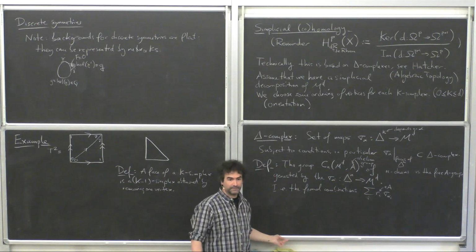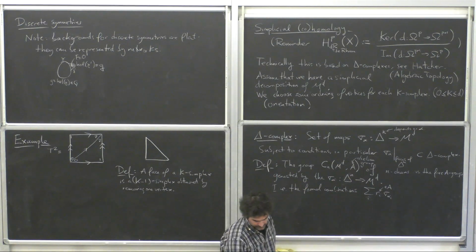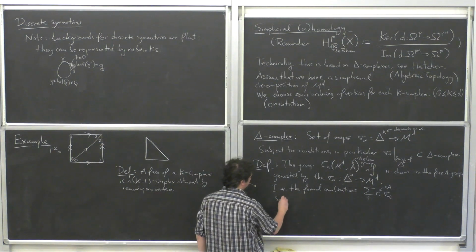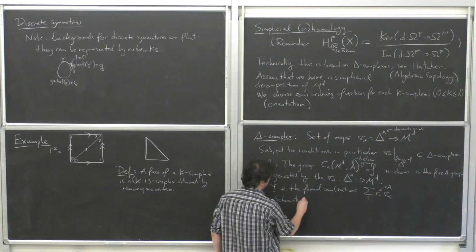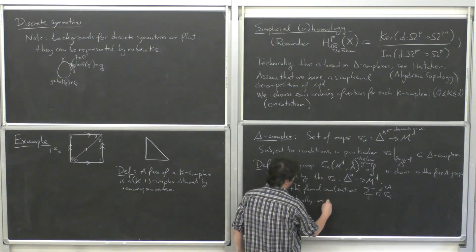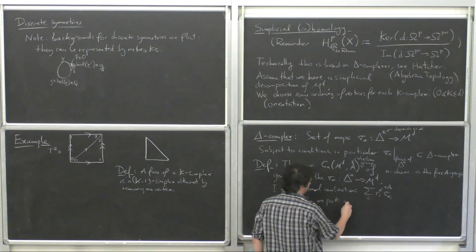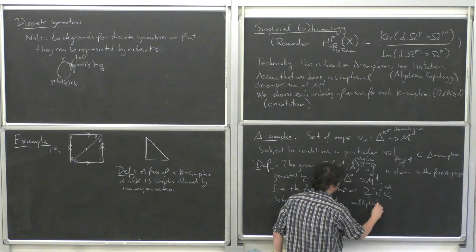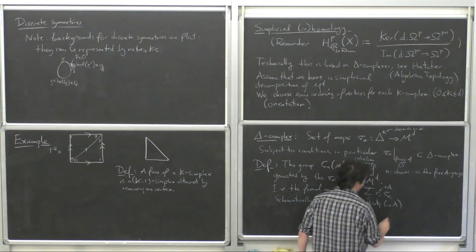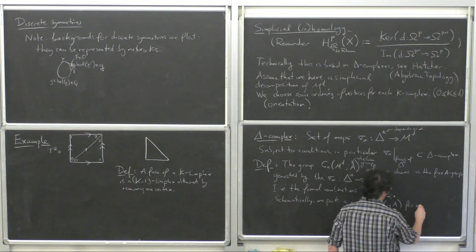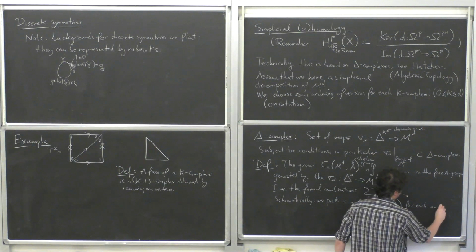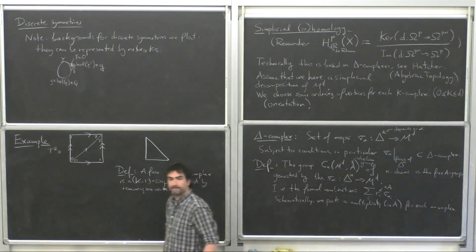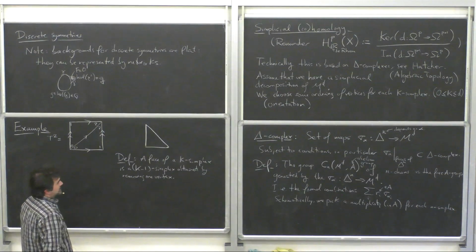That's what it is. So schematically, we pick a multiplicity in A for each n simplex. Right?